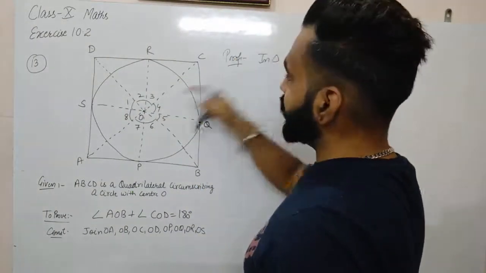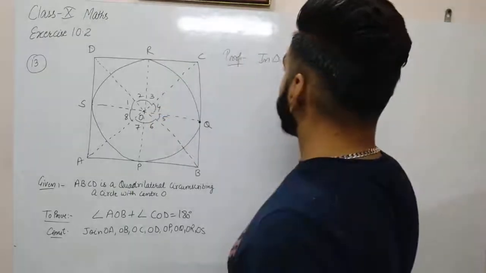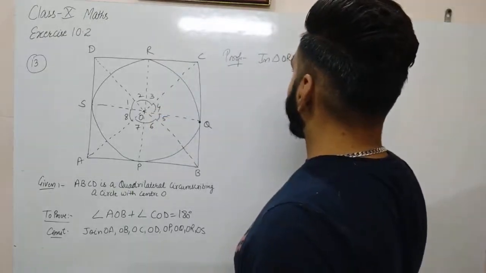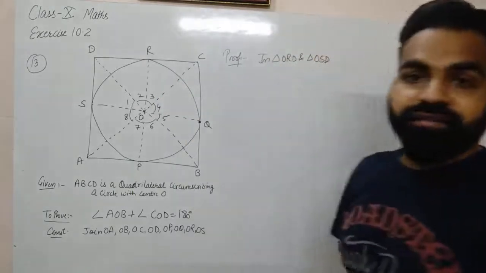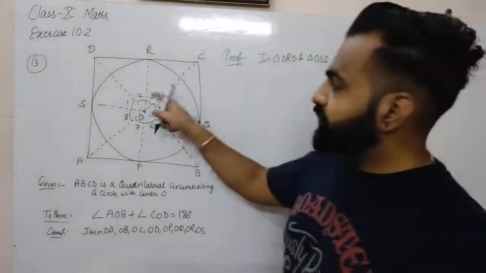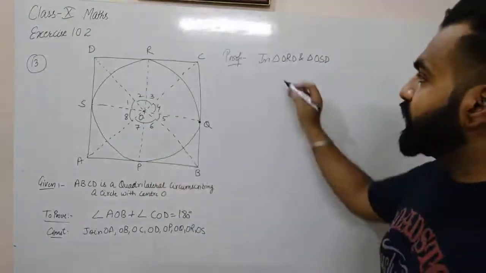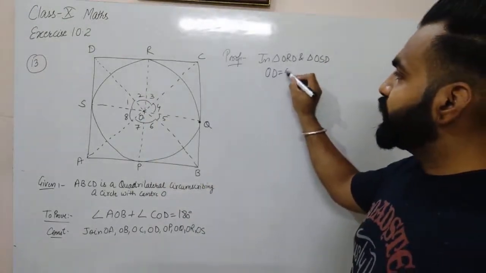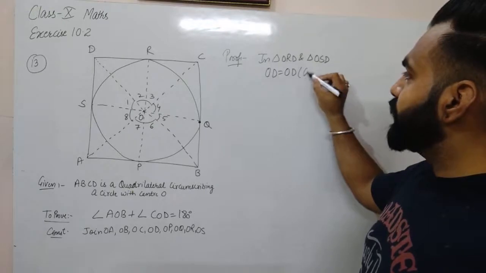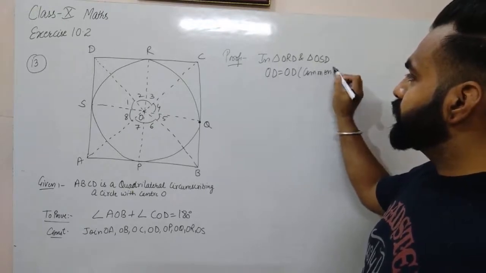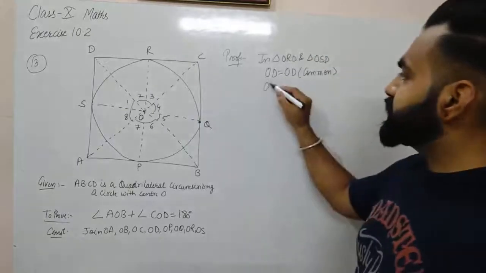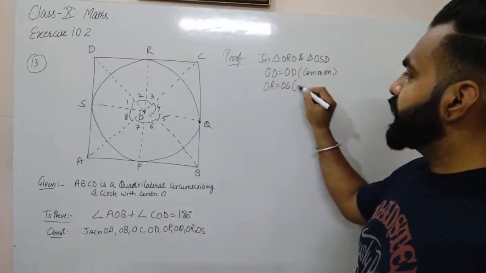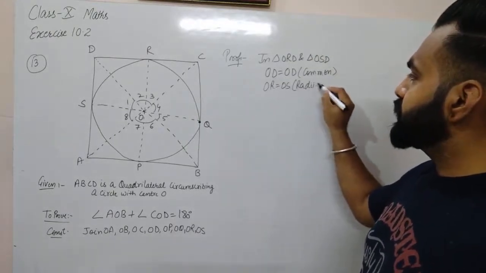In triangle ORD and triangle OSD, I have taken these two triangles. I will prove that these two triangles are congruent. So here we can write OD and OD are common. OR is equal to OS, radii of the same circle.